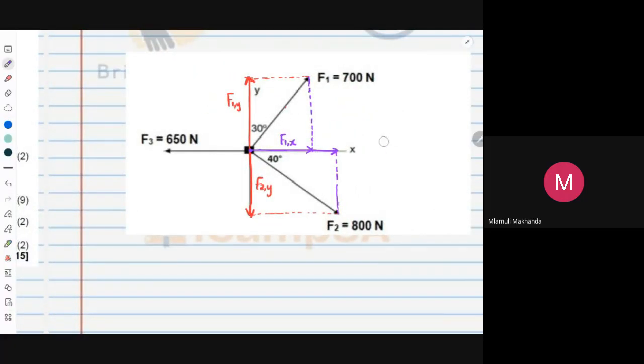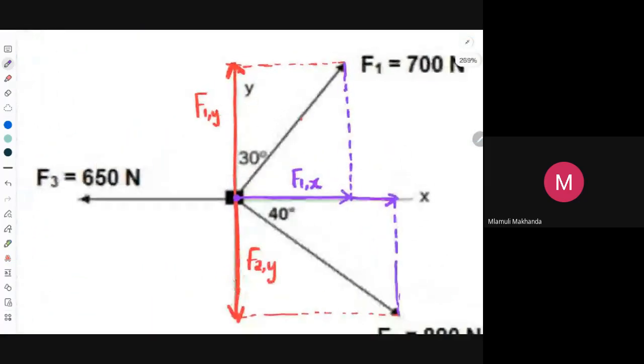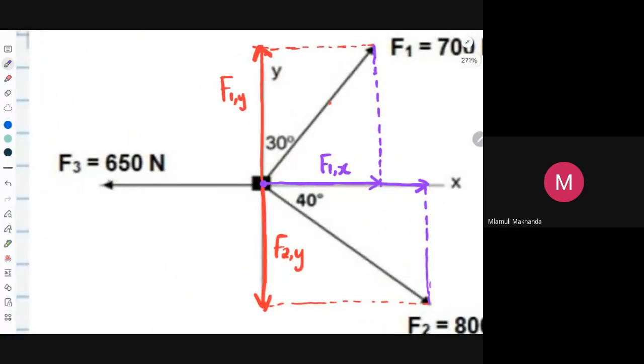What about F3? How do we resolve F3? I see Temba has his hand up. If you can unmute, you are allowed to ask a question like that, Temba. But if you can't unmute, you can just type your question. I will see it on the chat. Can you hear me?